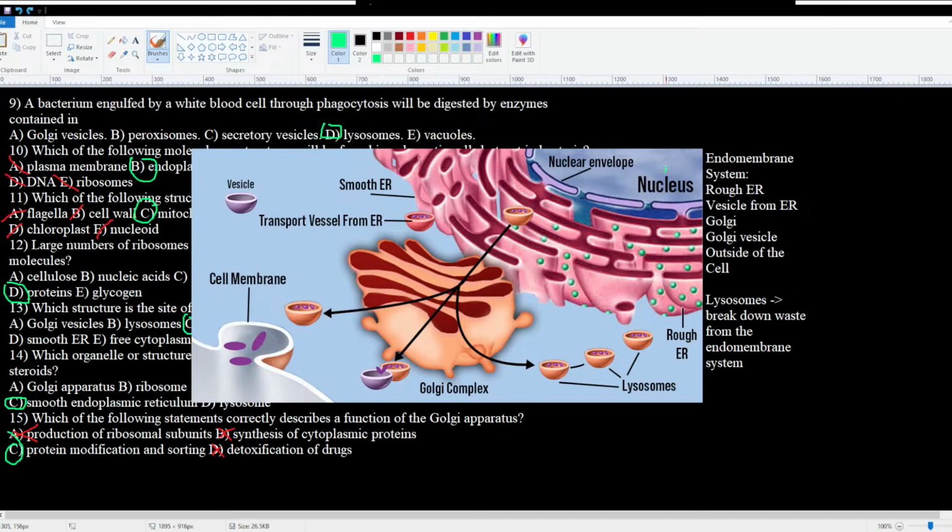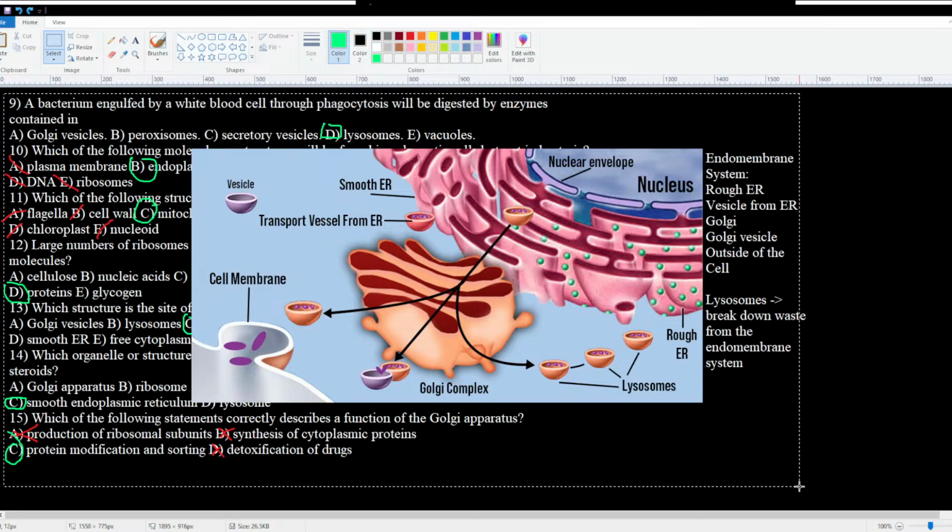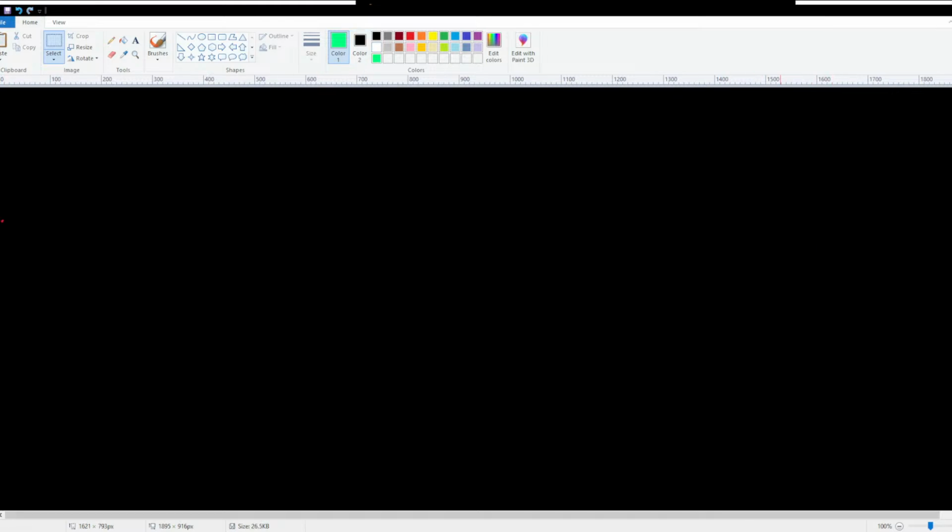So the instructions are going to essentially be transported to these ribosomes, where it's going to make a vesicle. So you have the vesicles from the rough ER, which are going to go through the Golgi to be processed. And then now we have the vesicle from the Golgi that's going to go outside of the cell. Now this is your endomembrane system. Is that clear? All right, let's move on. I'm speaking rhetorically, of course. And there's a couple of other questions that I haven't included here, so let's go ahead and go on to those.